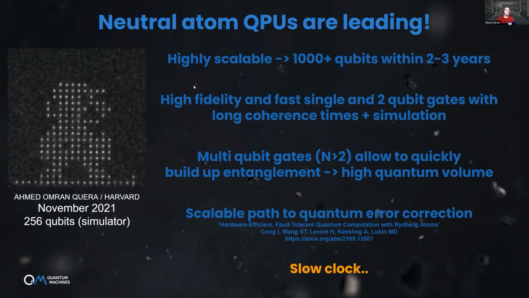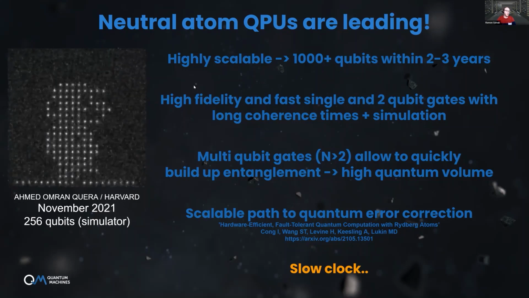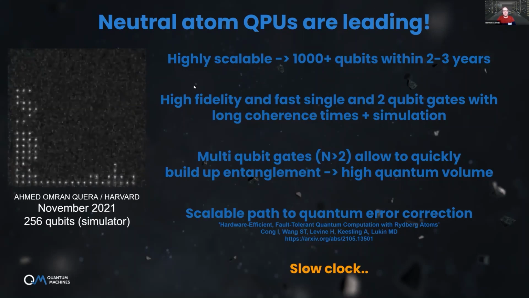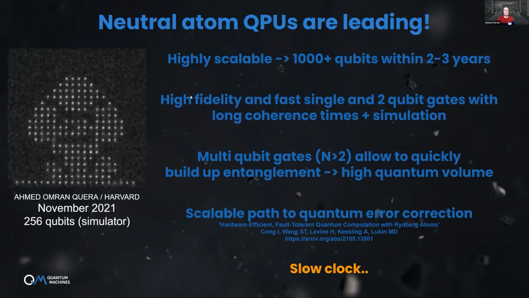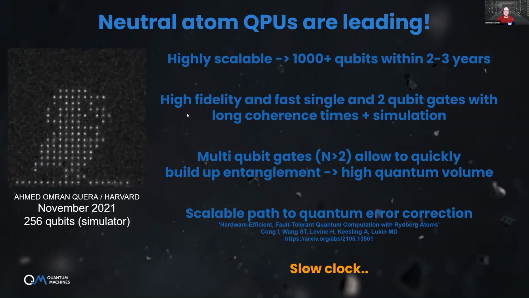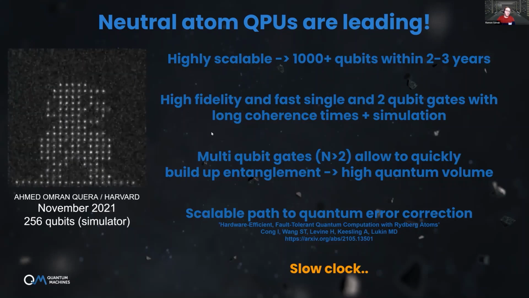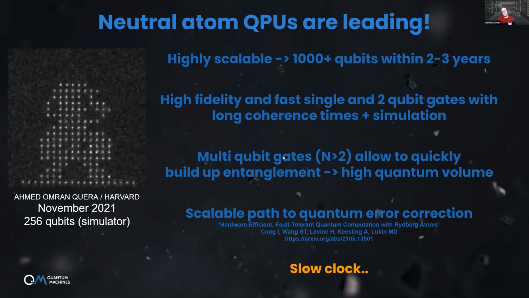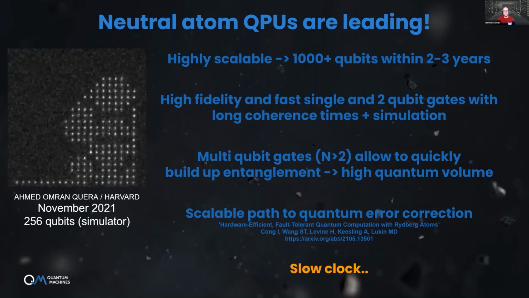So currently, superconducting qubits are stuck with log 2 of the quantum volume below 20. Another advantage of Rydberg arrays is the availability of multi-qubit gates. For multi-qubits, I mean n bigger than 2.